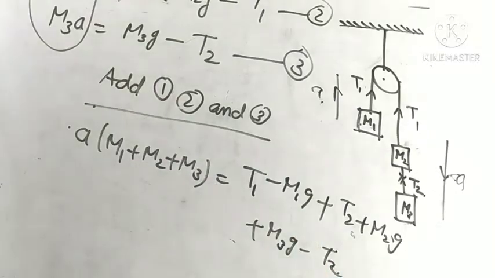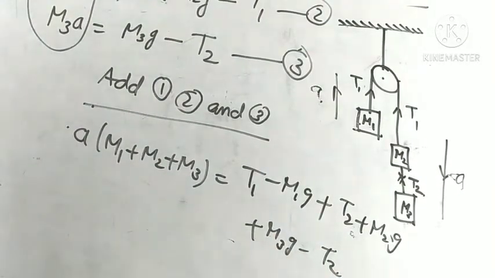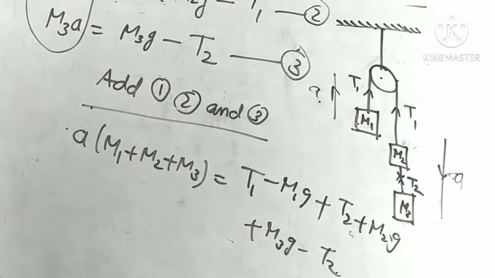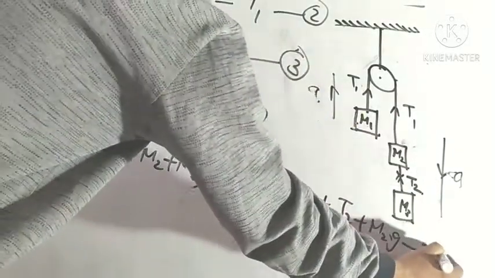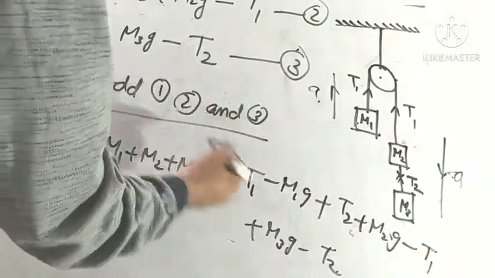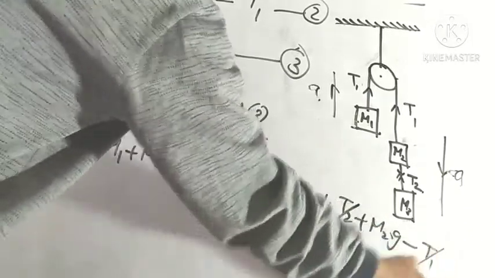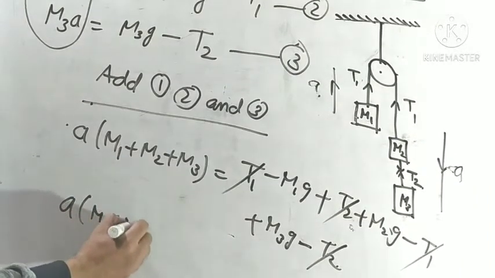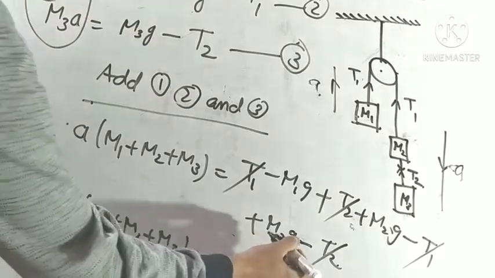Here M1G, and T1, and M2G minus T1, and here minus T2. T2 and T2 cancel each other, T1 and T1 cancel each other. So A times M1 plus M2 plus M3, and here we take G common.